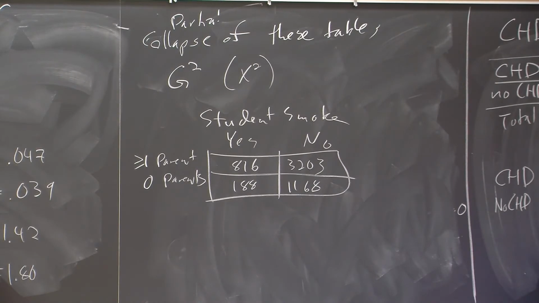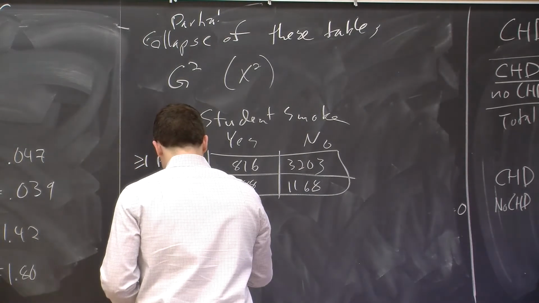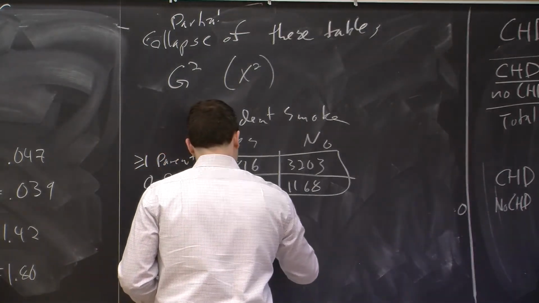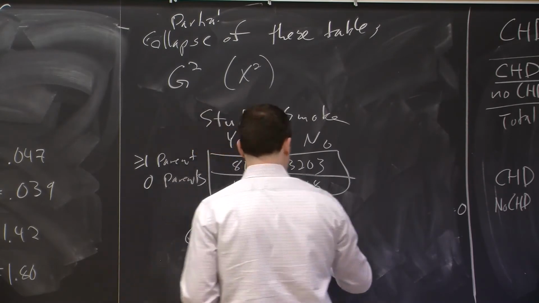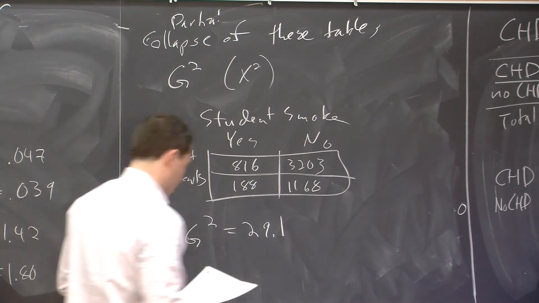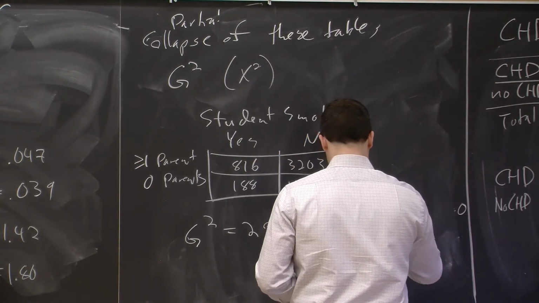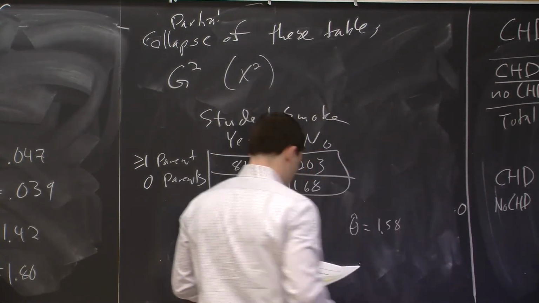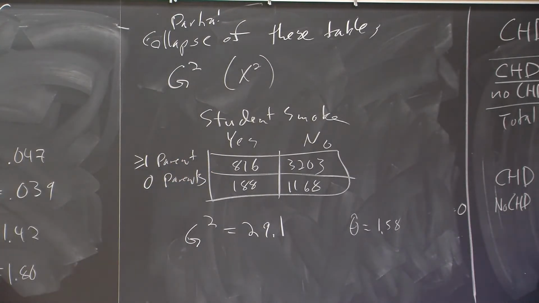And then I can compute a G squared for this, which happens to be 29.1, and the p-value is very close to 0. And I get some odds ratio. Okay, so students are more likely to smoke if at least one parent smokes.